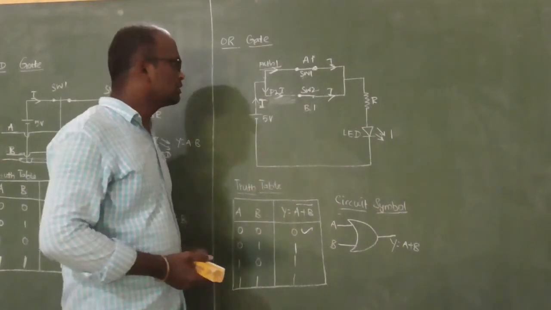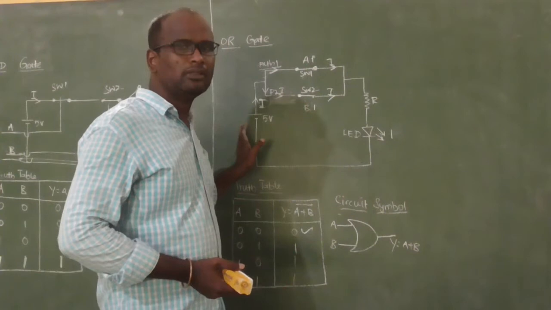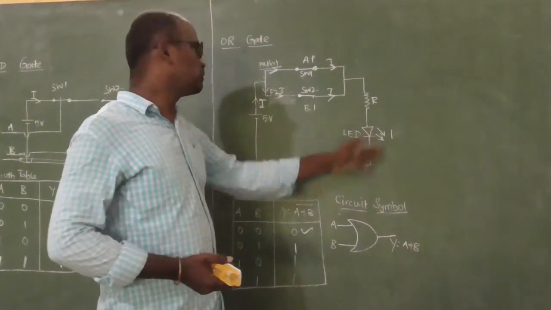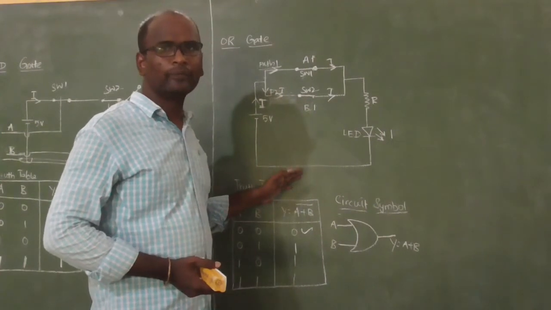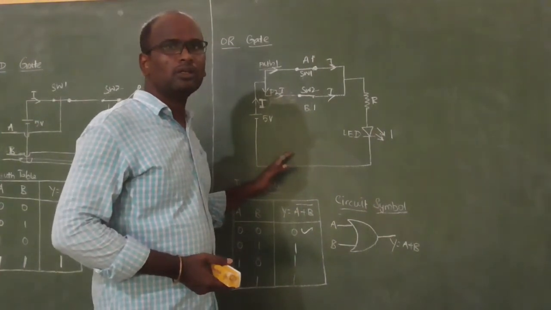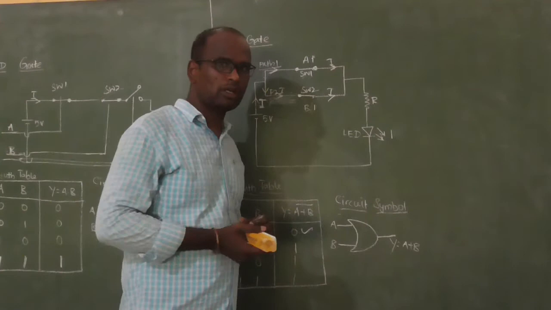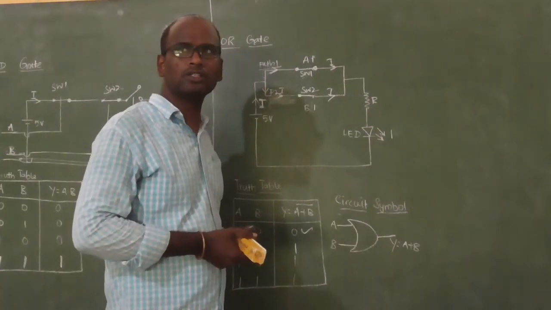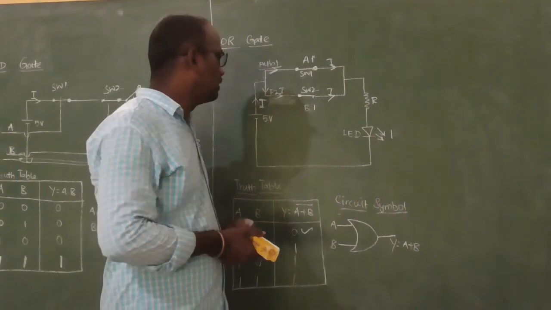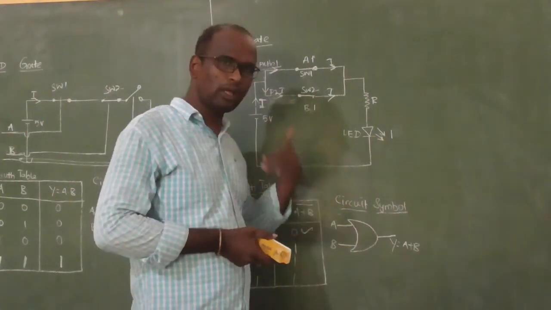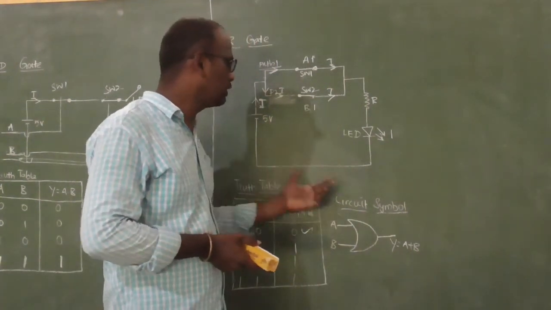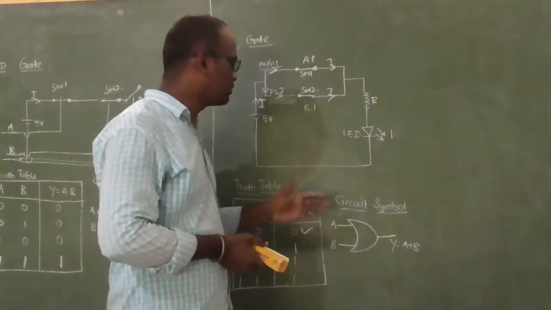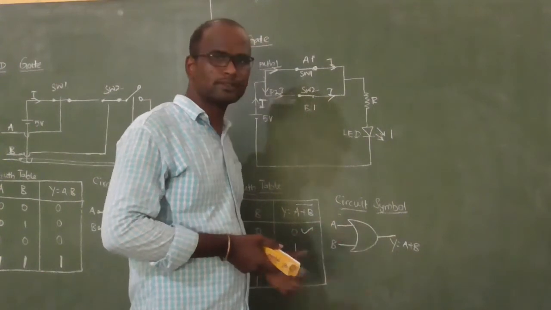Similarly, like an AND gate, we cannot use this drawing to draw larger circuits in a blueprint to design larger digital circuits. In those cases we use the circuit symbol for the OR gate. The circuit symbol for the OR gate is like this.